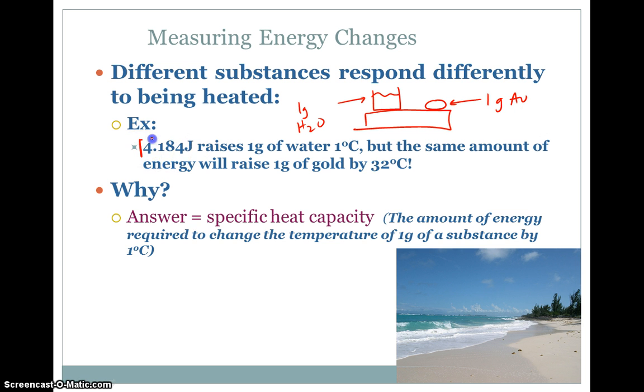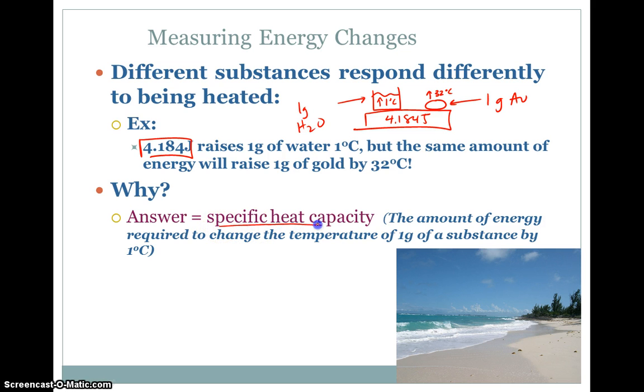If I put 4.184 joules of energy into these substances, my water is going to increase by 1 degree Celsius, but my gold is going to increase by 32 degrees Celsius. That's insane. 4.184 joules can only raise water 1 degree Celsius higher, but the same amount of heat can take gold 32 degrees Celsius higher. What the heck is going on?